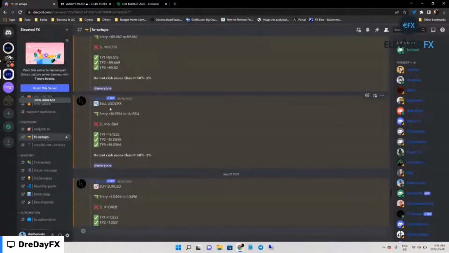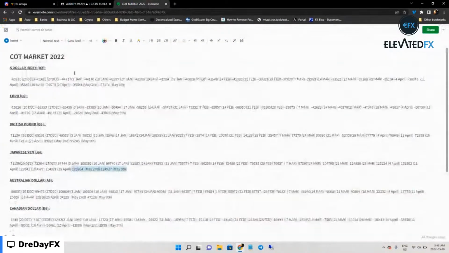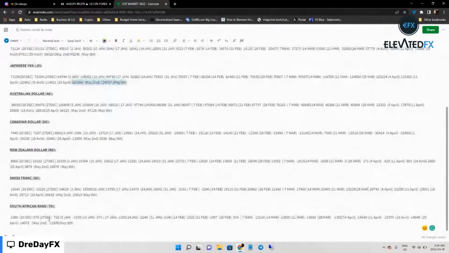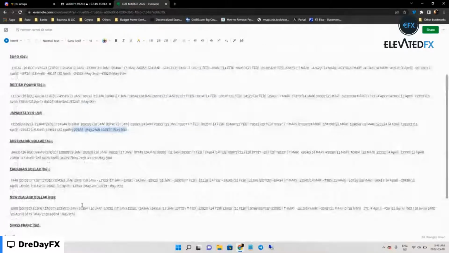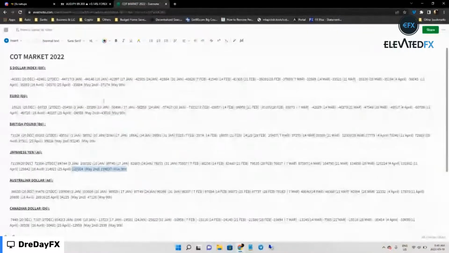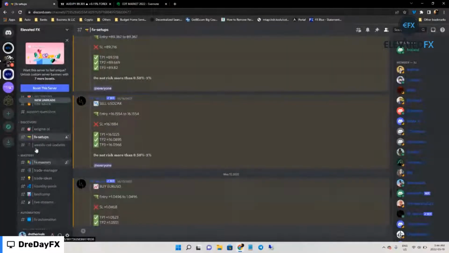And let's look at ZAR too. Okay, ZAR, same principle. So USD, that was 2,000, and the ZAR here was almost 2,000. So I had the ZAR here as a pair to look at.